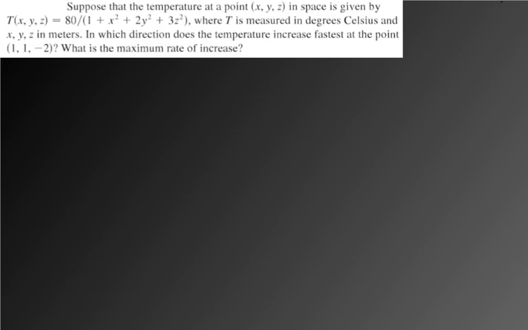So what we need to do here is find the gradient of T and then evaluate it at the point, and we'll have the first part of the question. The maximum rate of increase is literally just the magnitude of the gradient. So that's the plan. First we find the gradient of T.